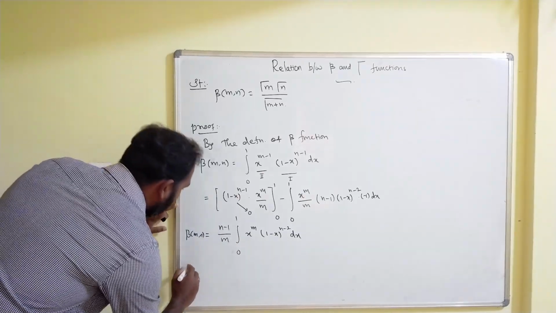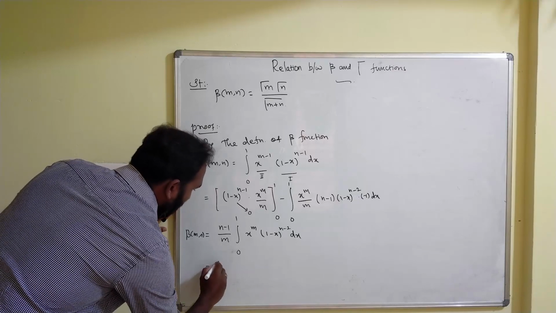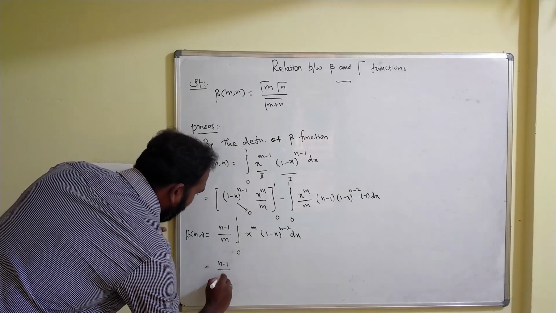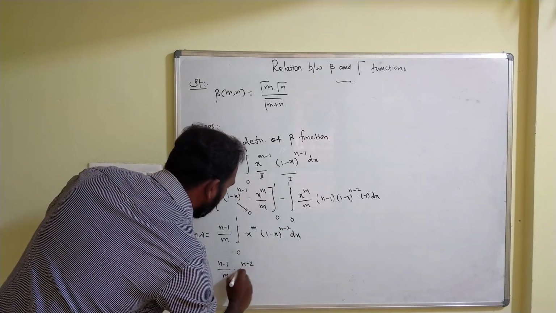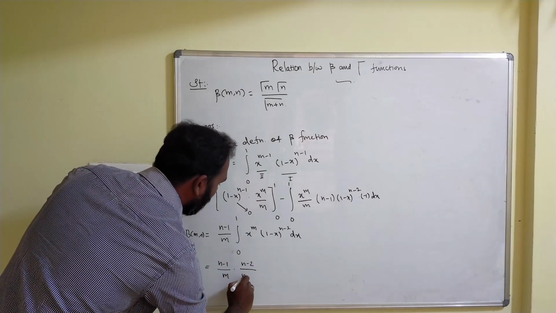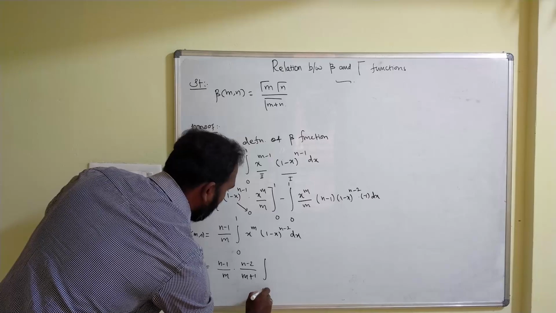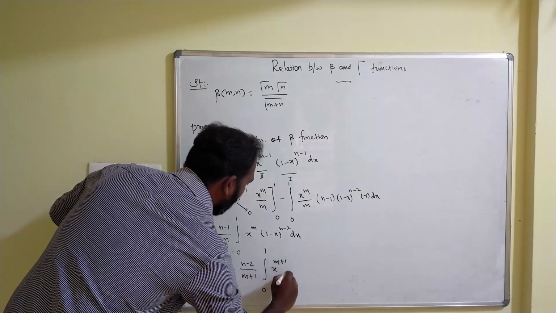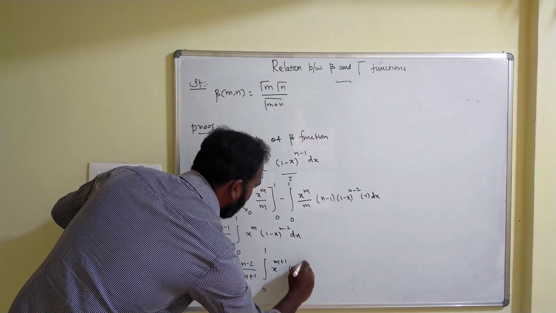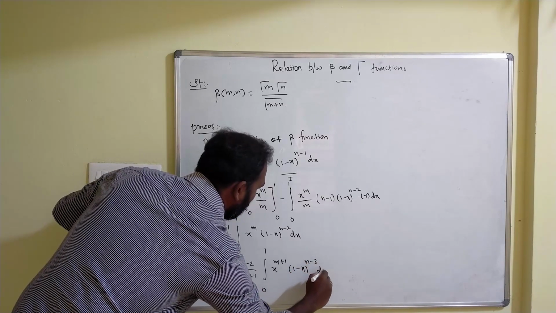So the next step can be written as n minus 1 divided by m into n minus 2 divided by m plus 1, integral 0 to 1 x power m plus 1 into 1 minus x power n minus 3 into dx.